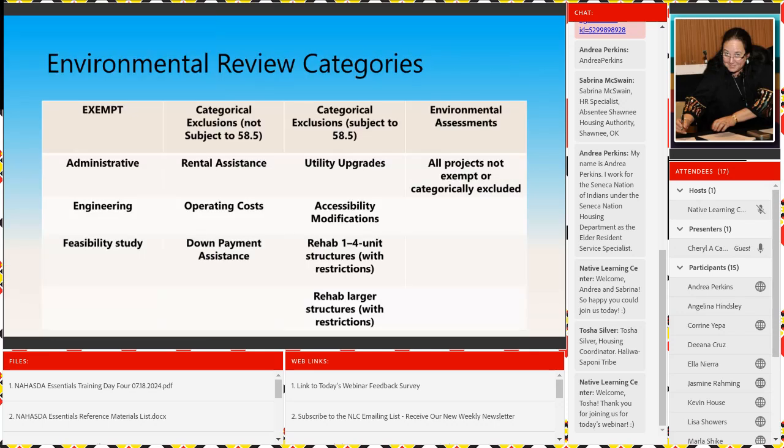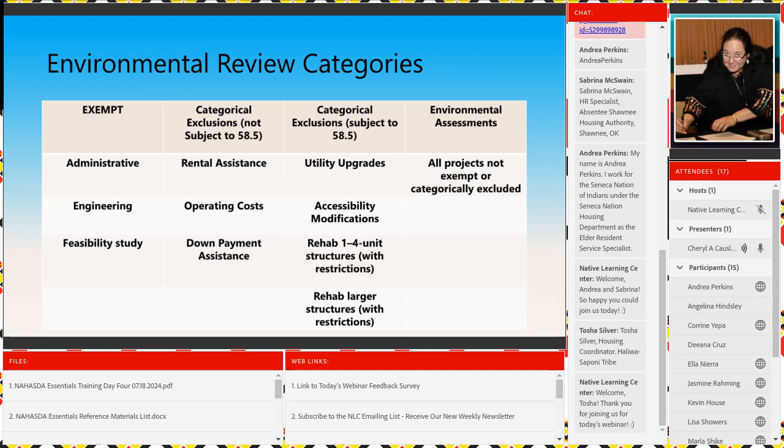So there are environmental review categories, okay? The ones that are normally exempt: your administrative activities, your engineering, and your feasibility studies. You have categorical exclusions not subject to 58.5: providing rental assistance, your operating costs for your program, your down payment assistance. So all these you would be filling out as exempt or categorical exclusion, okay?